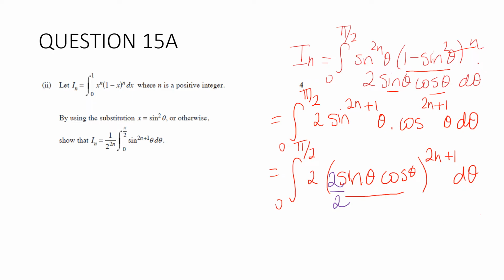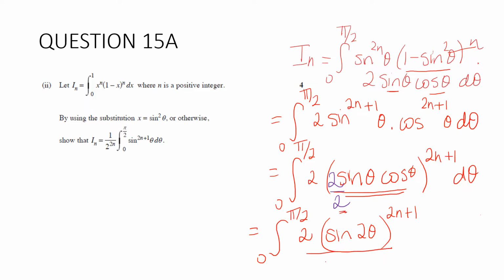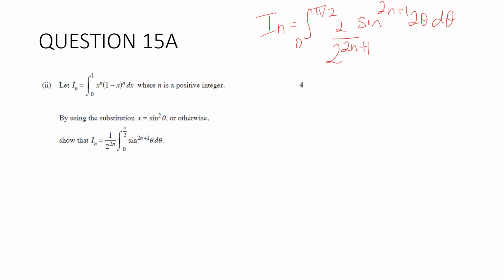All right, so it's equal to the integral between 0 and pi on 2 of 2, and there I have got (sine 2 theta) to the power of 2n plus 1, divided by 2 to the power of 2n plus 1 d theta, which is equal to 1 over 2 to the power of 2n, integral between 0 and pi on 2 of sine to the power of 2n plus 1 of 2 theta d theta.